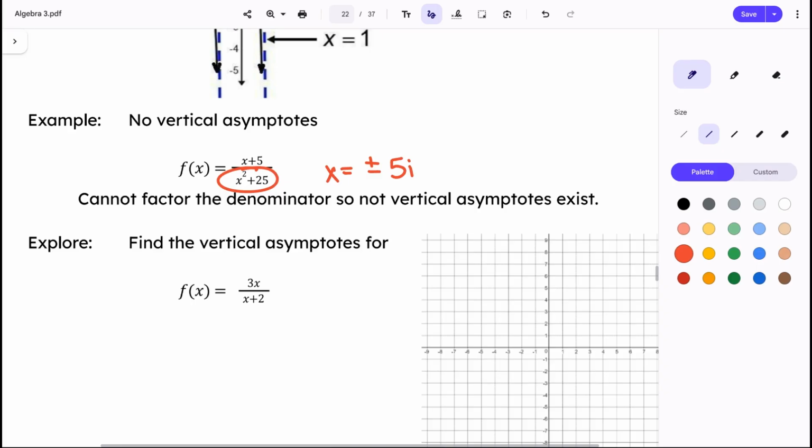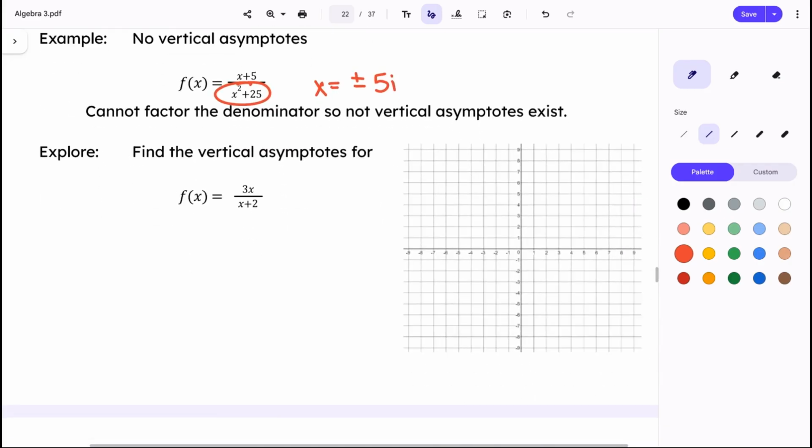So in a case like this, there are not going to be any vertical asymptotes, because I could put in any number I wanted for x and it's not going to cause a problem. If I put 0, 1, 2, 3, -1, -2, -3 in there, I'm still adding 25 to it and I'm squaring that number. It's always going to be positive at the end. So it doesn't really matter what number gets put in for x. In this case, there would be no restrictions on my graph at all.